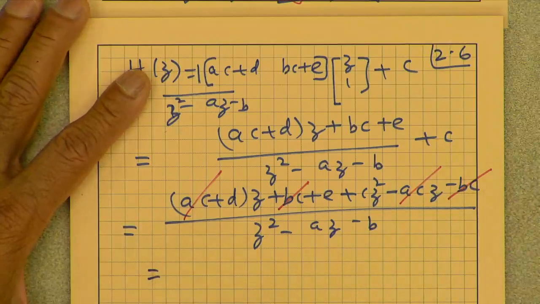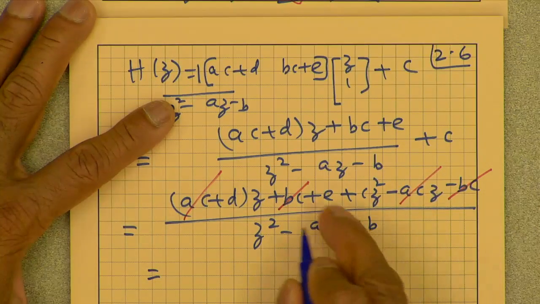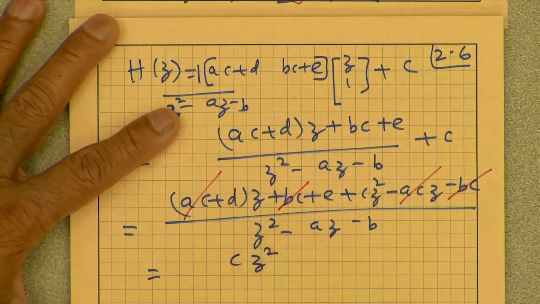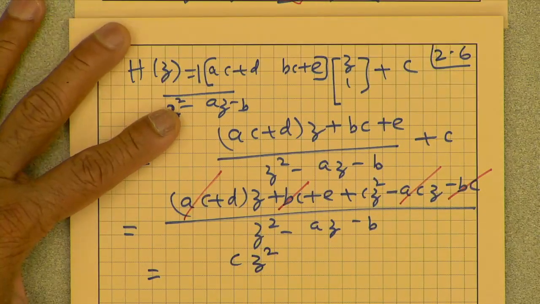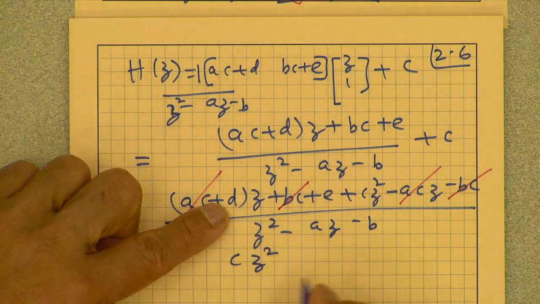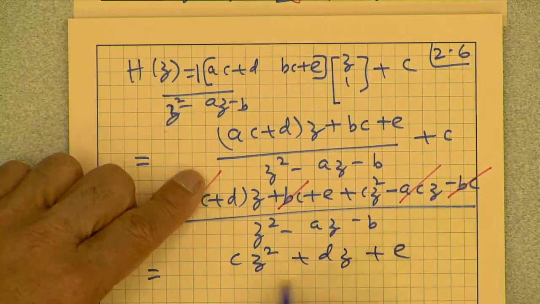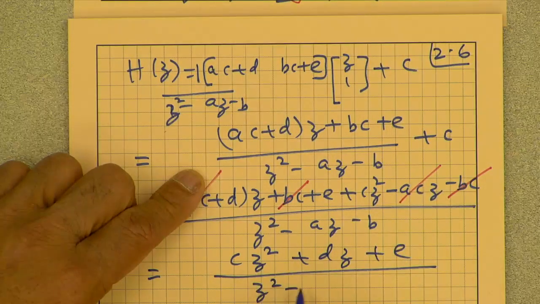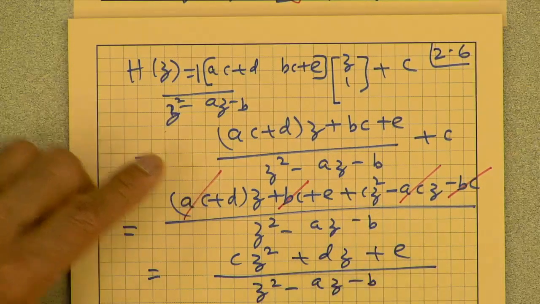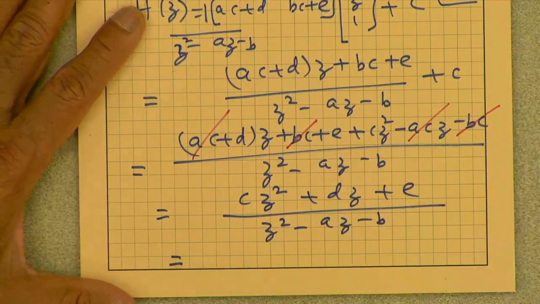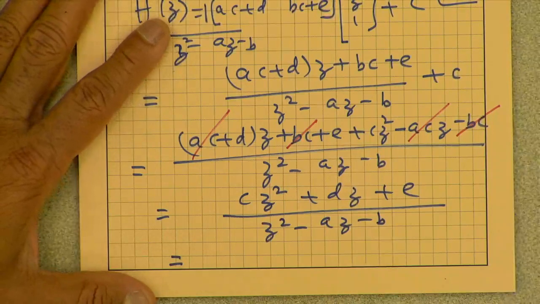Let's see what's left. If I collect the highest term, Cz squared, the next degree 1 term, Dz plus E, divided by z squared minus az minus b, and now divide the numerator and denominator by z squared.